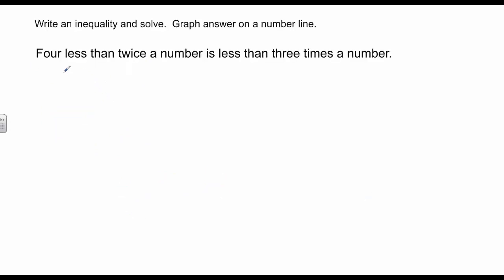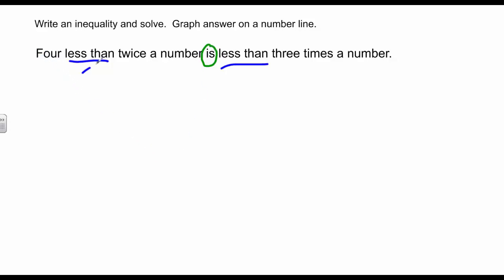It says 4 less than twice a number is less than 3 times a number. You'll notice we've got two expressions that say less than in the problem. But that doesn't necessarily mean I have an inequality sign each time. In fact, the word "is" is what's going to help us write an inequality.